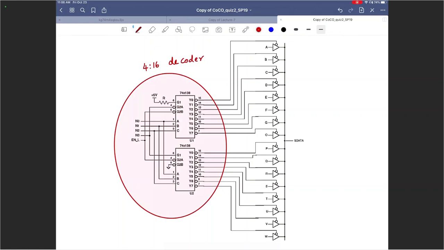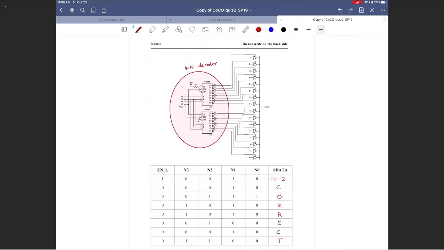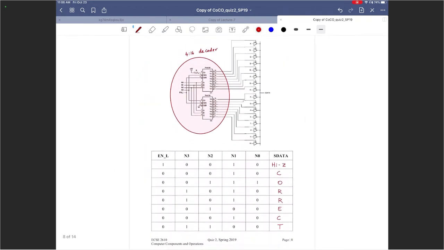This was spring 2019. The problem that I gave was, I gave them the sequence of inputs, N0, N1, N2, N3, some arbitrary values when it is disabled, and for all the other cases it is enabled. And I said, what is S data going to be?